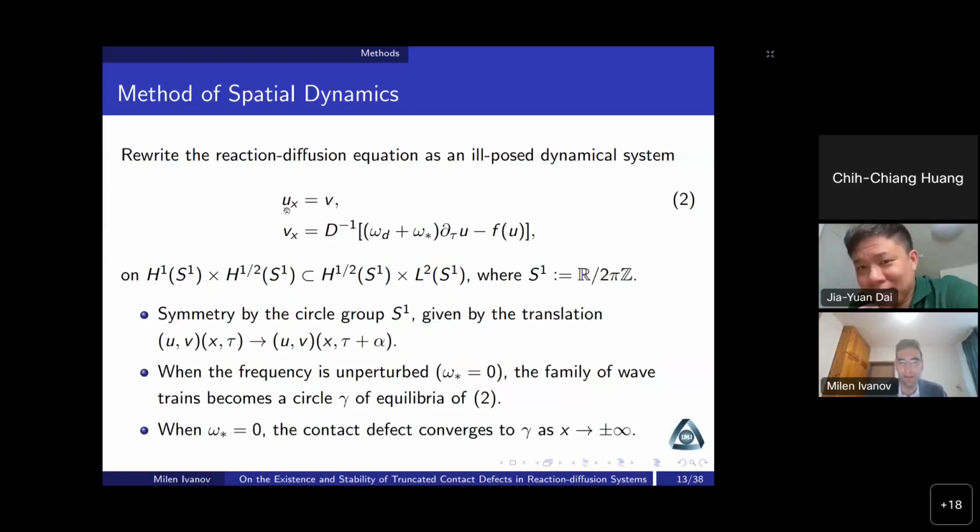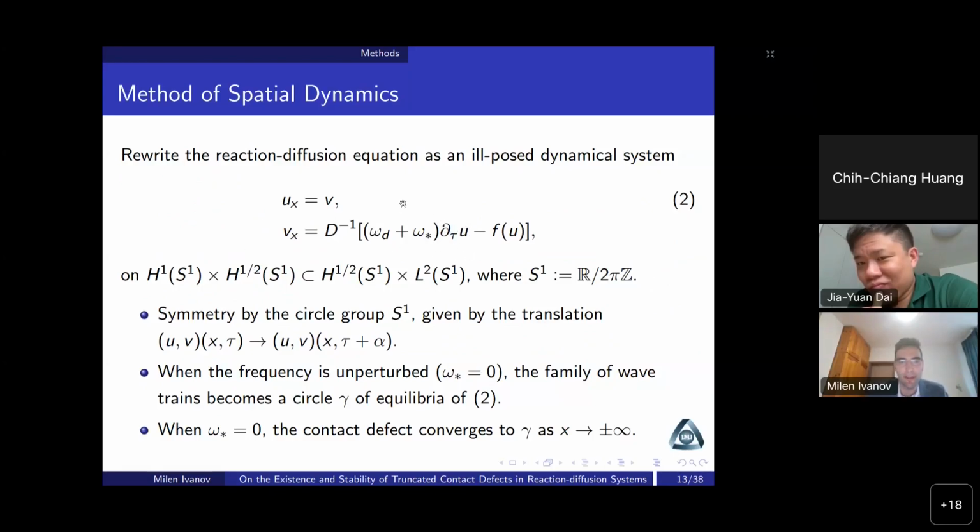So as I said, we're going to rewrite the reaction diffusion system as ux equals v, vx is going to be everything which remains. On the right hand side I have a partial tau, so I have an unbounded operator.